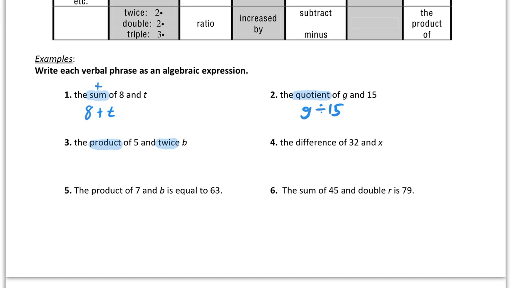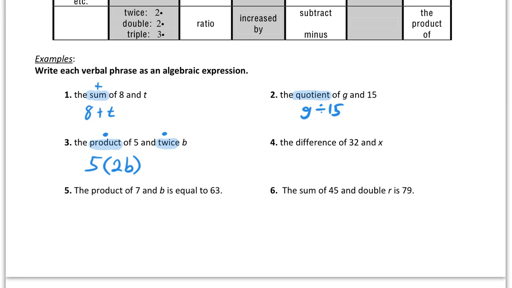The product of 5 and twice b. So we're going to multiply 5. Remember to also put, we're multiplying above here. And instead of putting x's, we're going to put dots, okay? Large dots. That's to show that we're multiplying here. The product of 5 and twice b, like that.